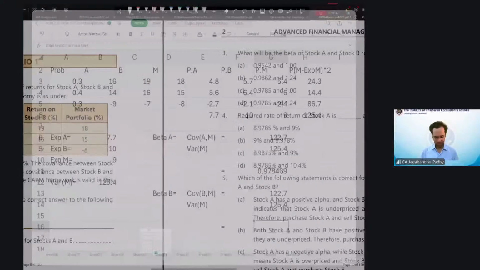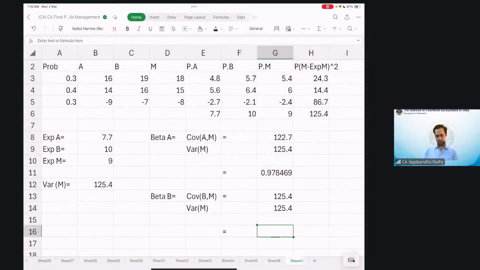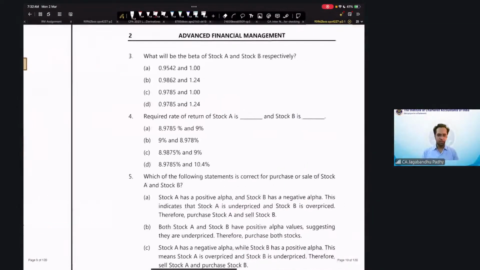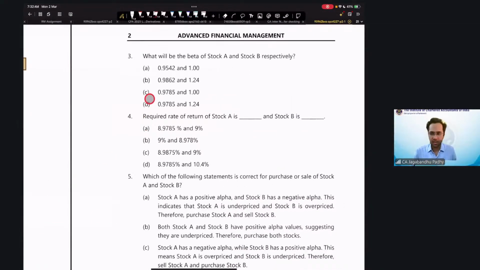So beta of B is 1 then. So option C, right? Third option is C. Correct. Perfect. Yes.